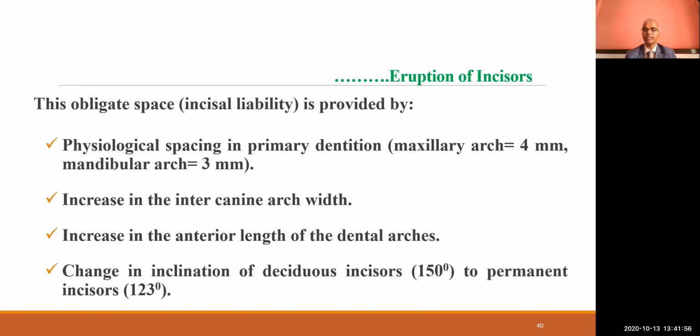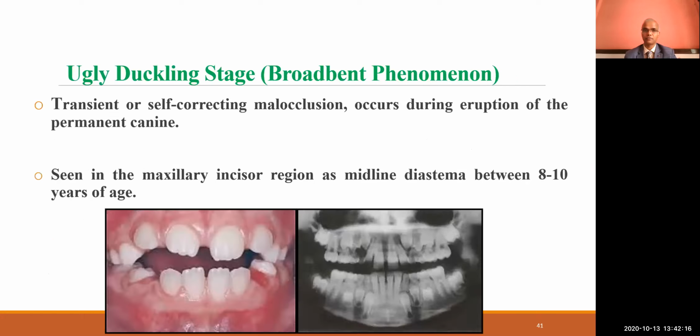We have discussed that in deciduous dentition, the incisors are more upright. So when the inclination changes from 150 degrees to 123 degrees, it also gives a space for alignment of incisors.